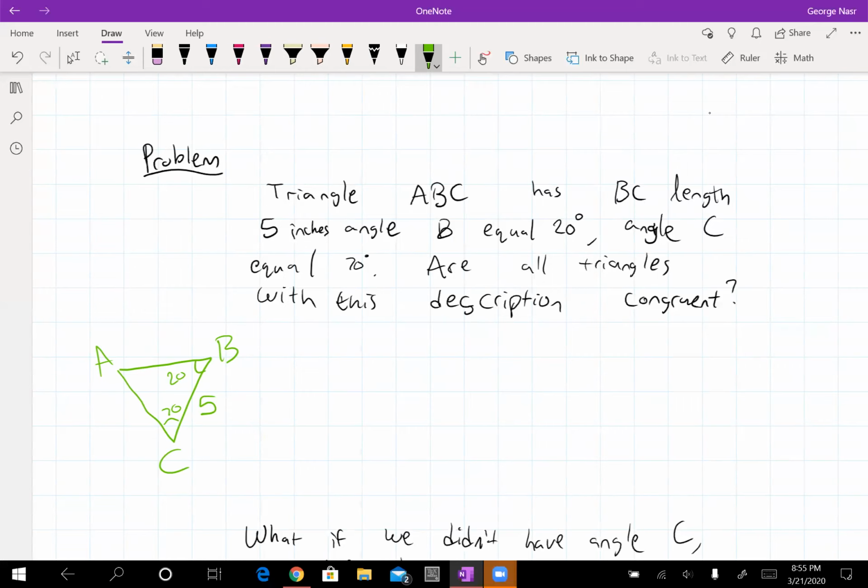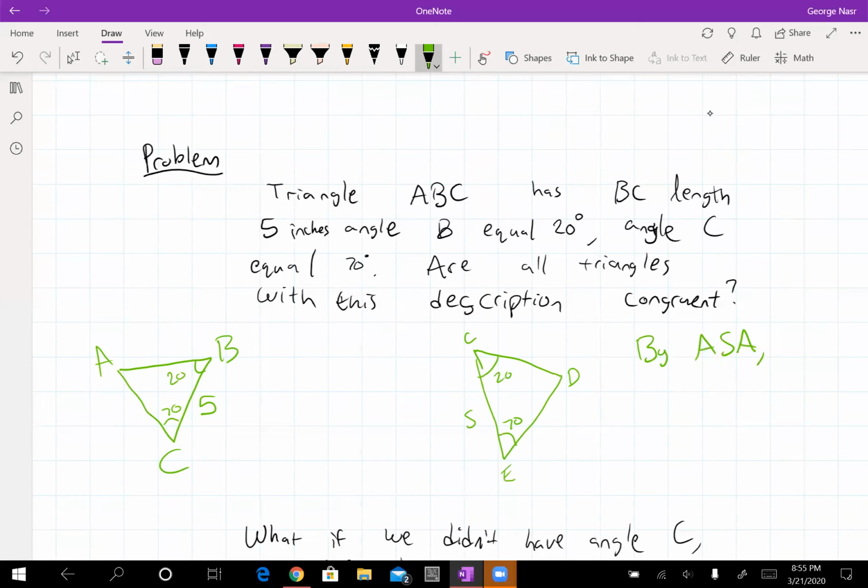So are all triangles with this description congruent to one another? If I drew another triangle and called it CDE, and it also had 20 degrees, 5, 70, do those have to be the same? Pause the video, spend 30 seconds, try to see if you can figure it out. The answer is yes, because of angle, side, angle.